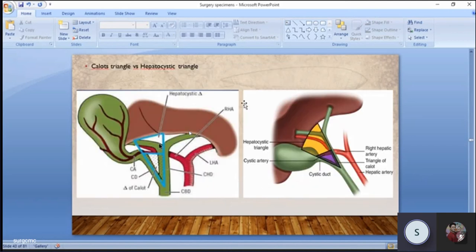So what can be asked of you is Calot's triangle and the hepatocystic triangle. Here you can see the original Calot's triangle.